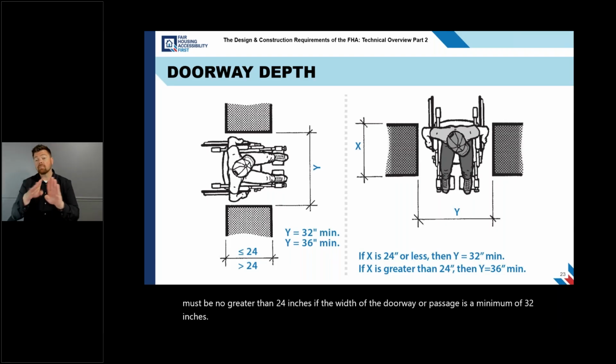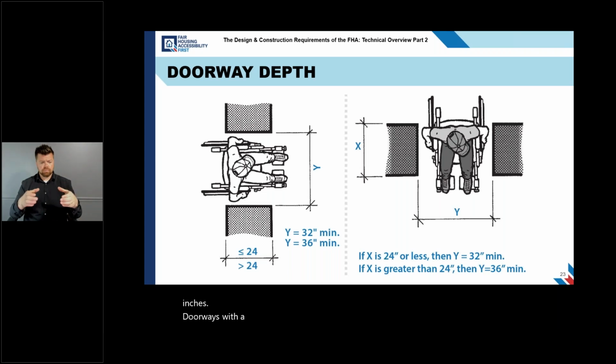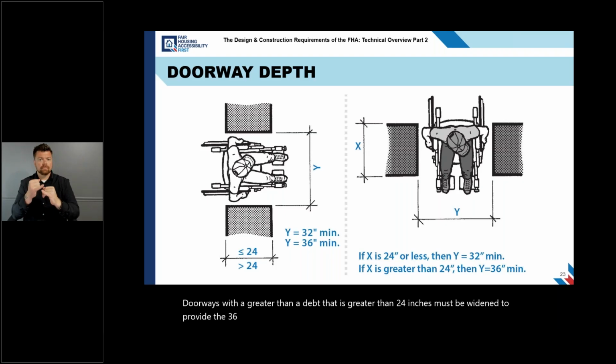Doorways with a depth that is greater than 24 inches must be widened to provide the 36-inch minimum clear width for an accessible route.